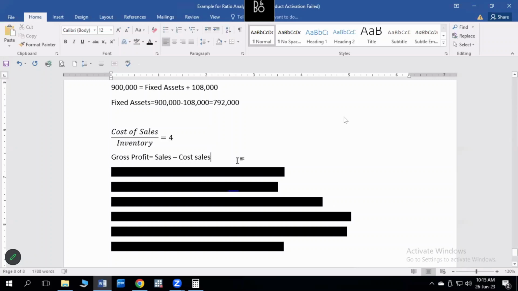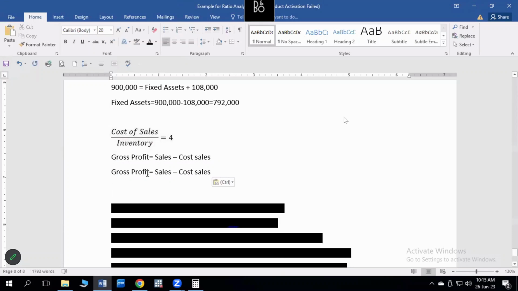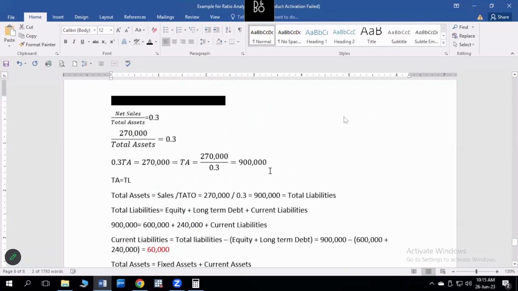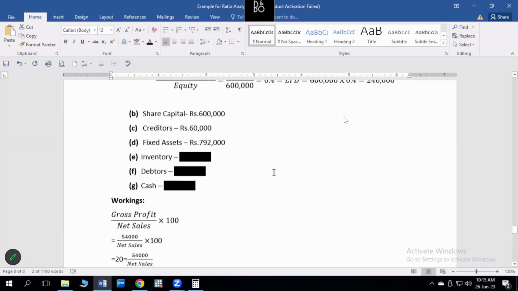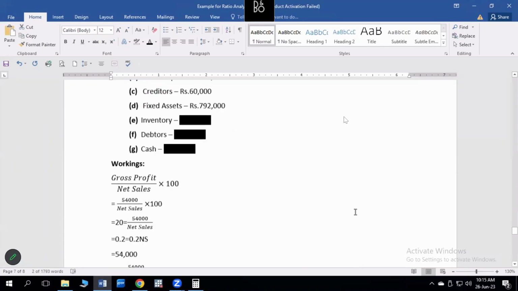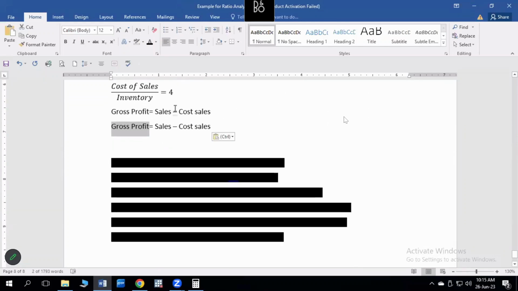So when you take that, you can substitute, because the gross profit is given in the question: gross profit 54,000.